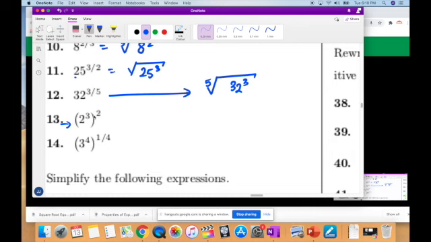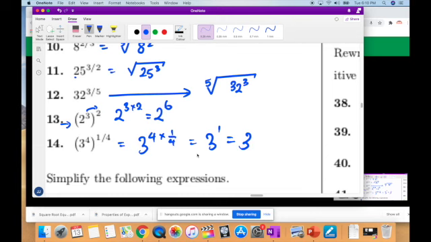In this case, the rule says you have to multiply, so that's 2 to the 3 times 2, which is 2, 3 2s are 6, right? And in this case, we have 3 to the power of 4 multiplied by a quarter, which is 3 to the power of 1, which is 3.